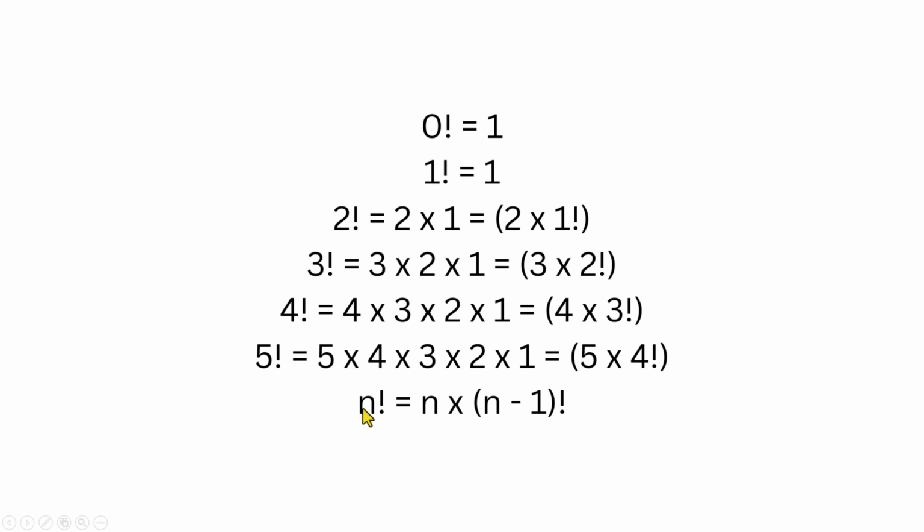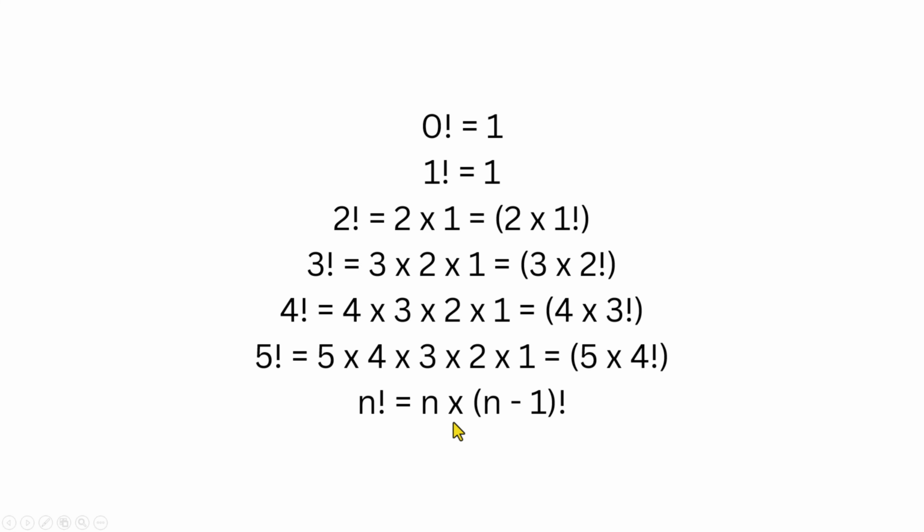If we say n is 5, then 5 factorial is equal to 5 into 5 minus 1, 4 factorial. So we can calculate factorial of a number using recursion.